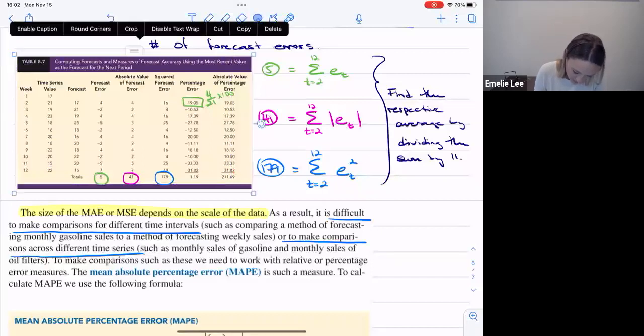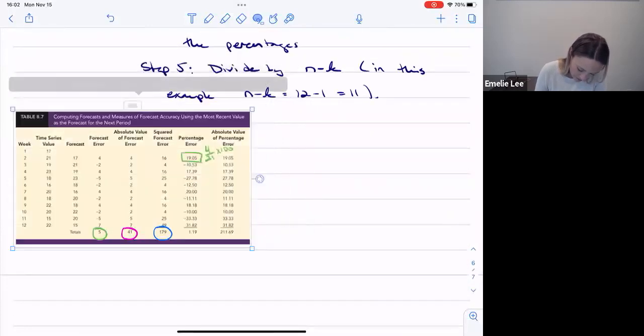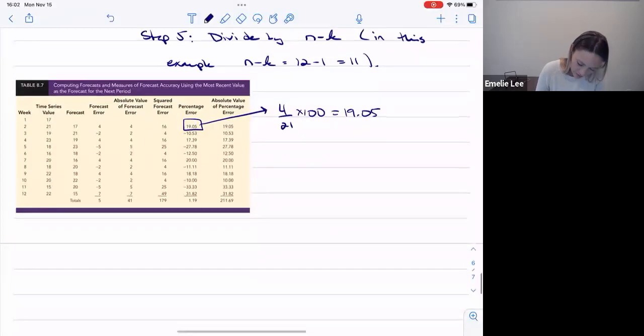So then we have, maybe I'll just copy this again. 4 divided by 21 times 100 is 19.05. -2 divided by 19 times 100 is -10.53.